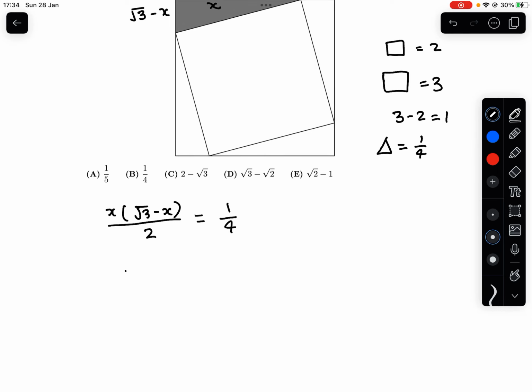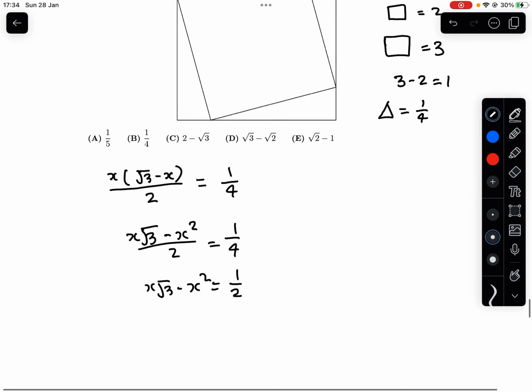Simplifying this, we get x times root 3 minus x squared over 2 equals 1/4. So x root 3 minus x squared equals 1/2. And then we get the quadratic equation x squared minus x root 3 plus 1/2 equals 0, okay?